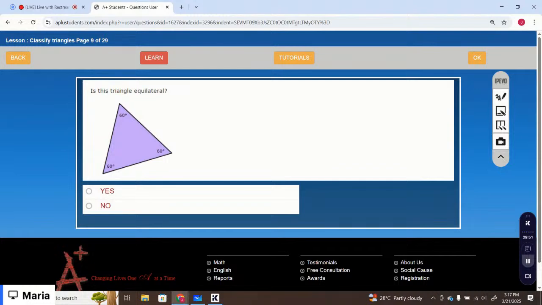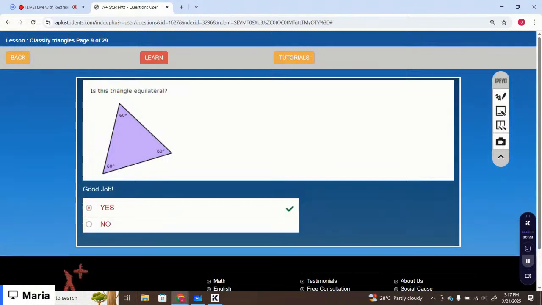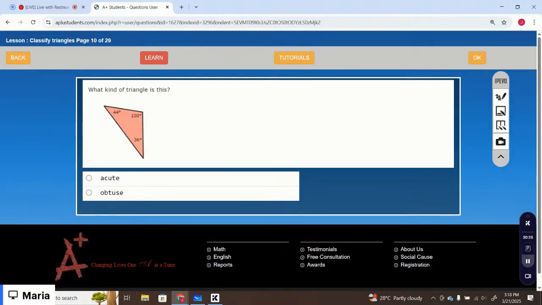Is this triangle equilateral? Yes, that is an equilateral triangle. Option number one is the correct option.